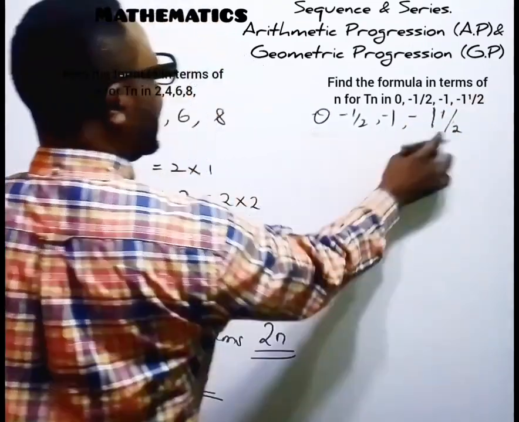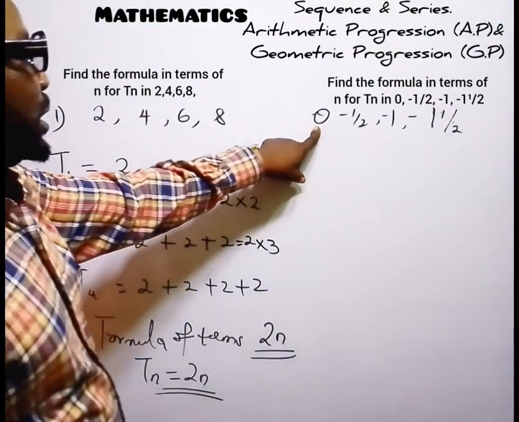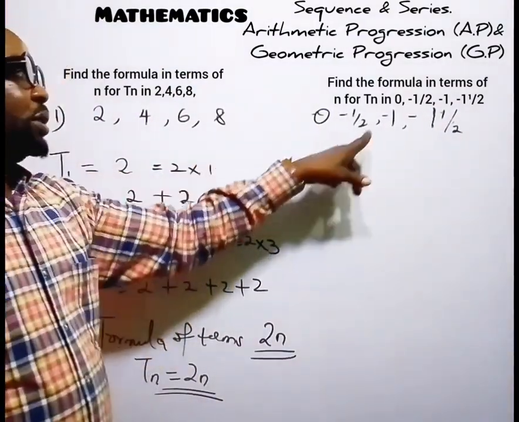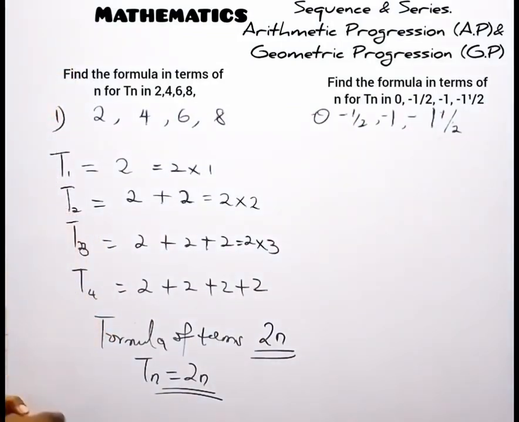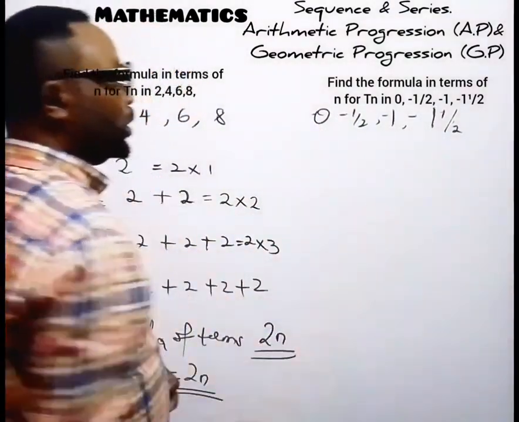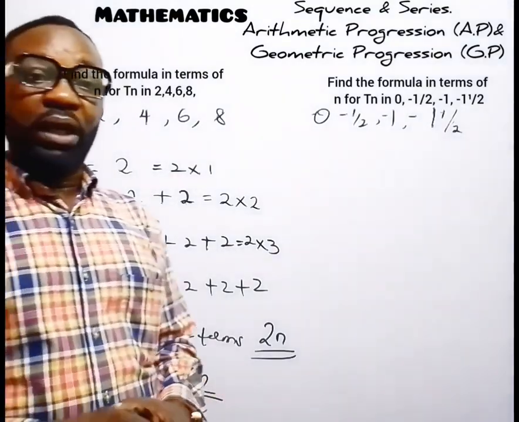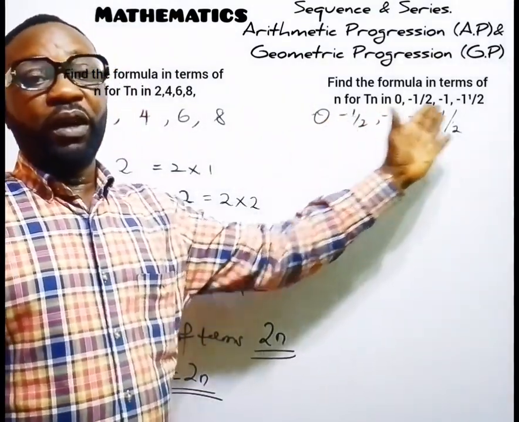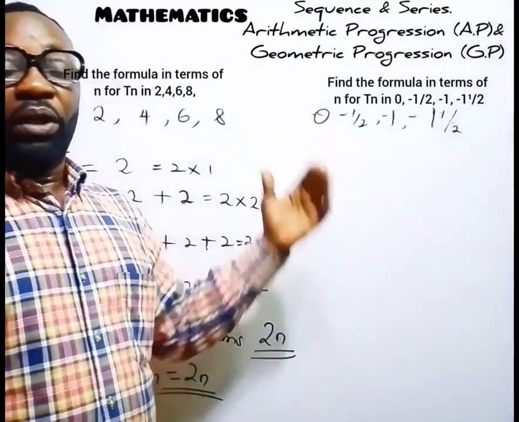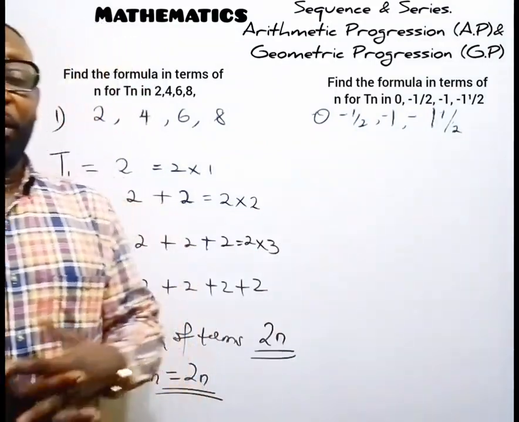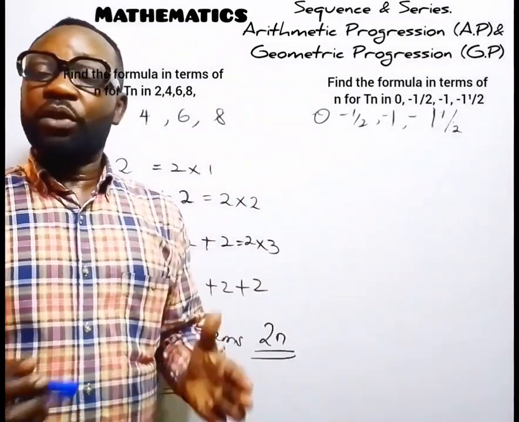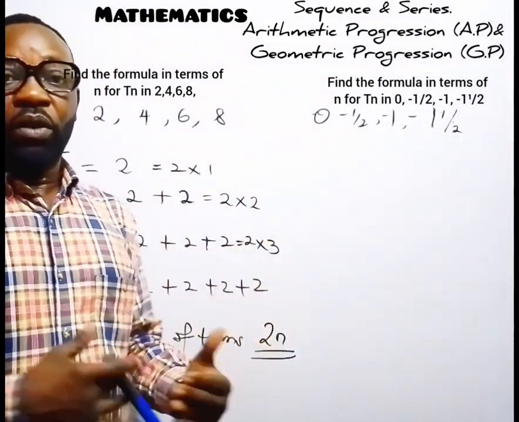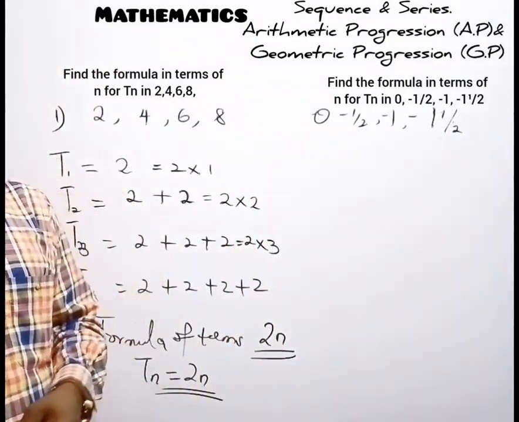Except for the first term, which is 0, the terms are negative. If you look at this set of expressions very well, one thing is common to them: the negative values. Since the first is 0, we might not consider it, because 0 does not have either a positive or negative value.